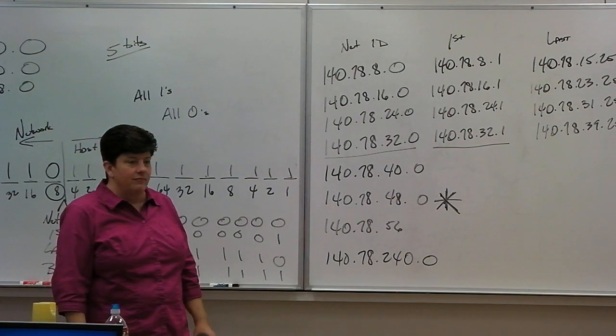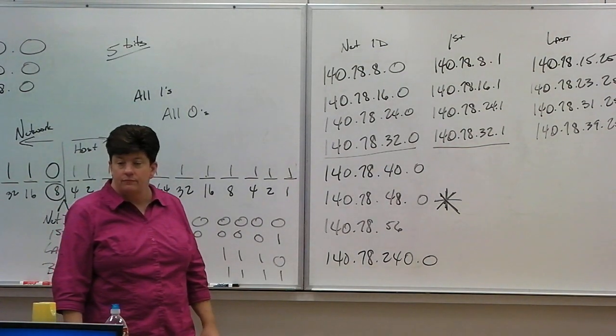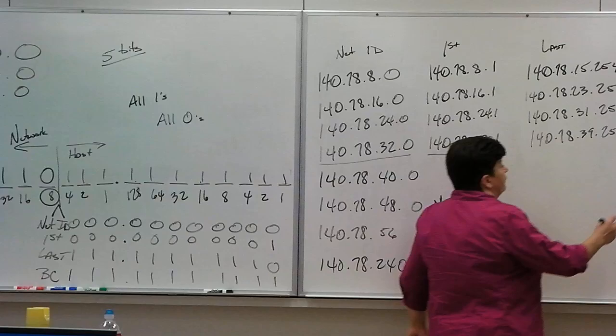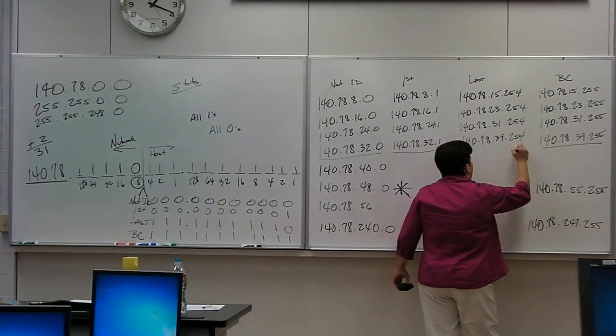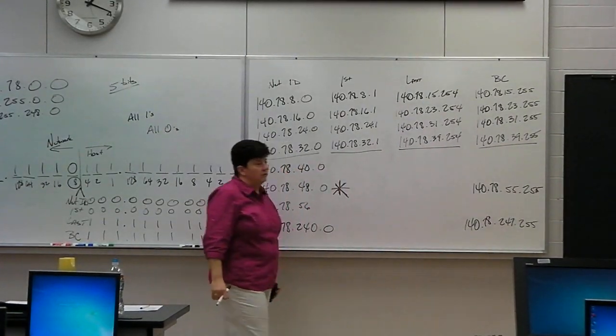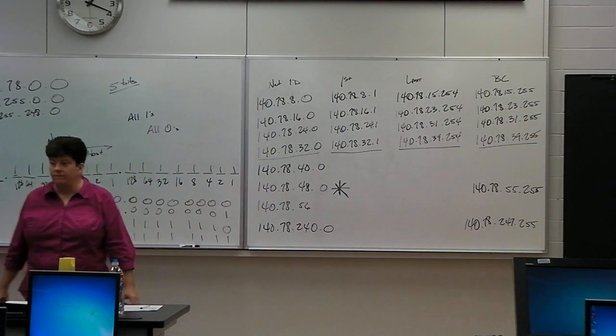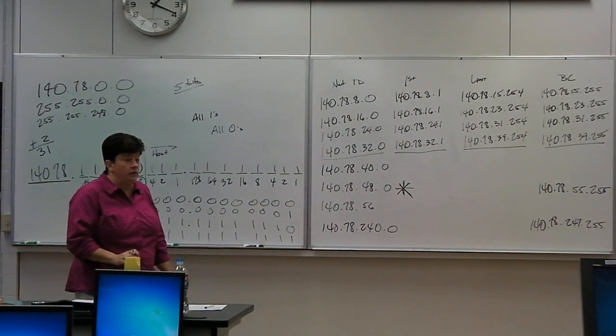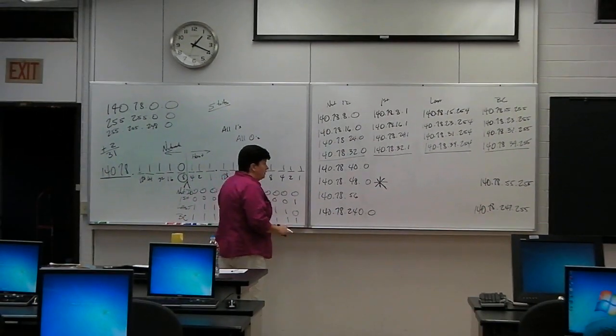It's one bigger, right? What's the difference in the broadcast and the last usable? One. Every single address will be used. The difference is 1.